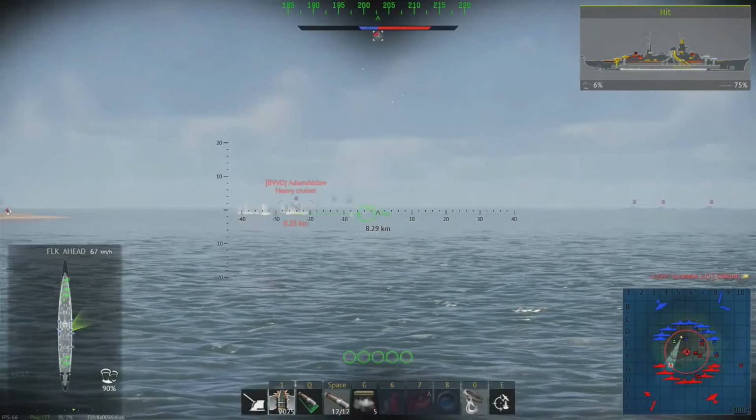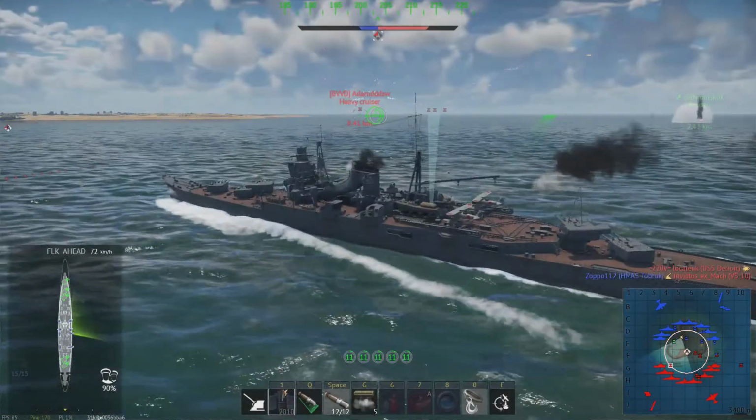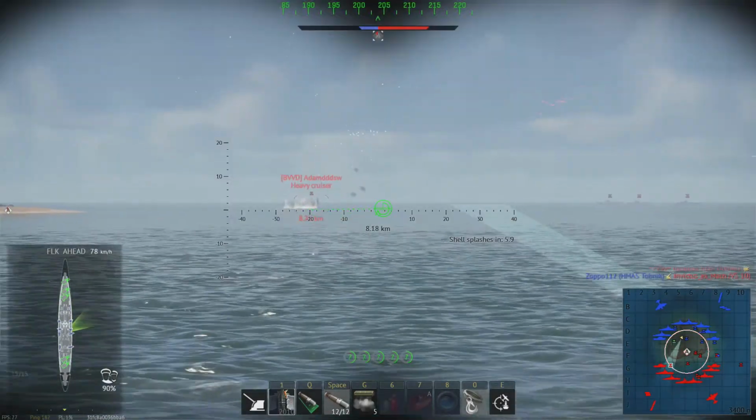Dodging torpedoes isn't very hard, especially when your ship is faster than the torpedo that was launched against you.